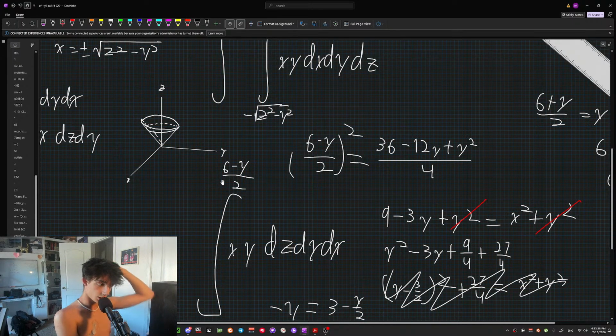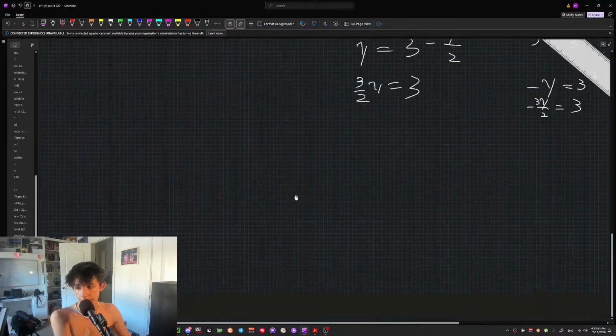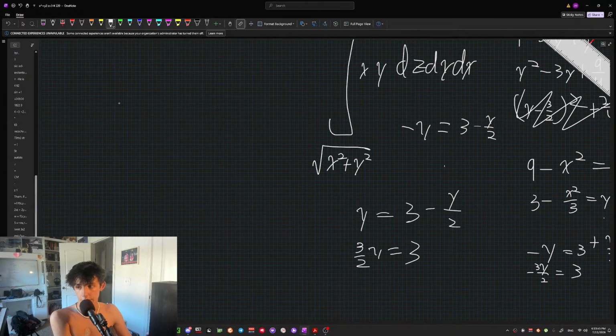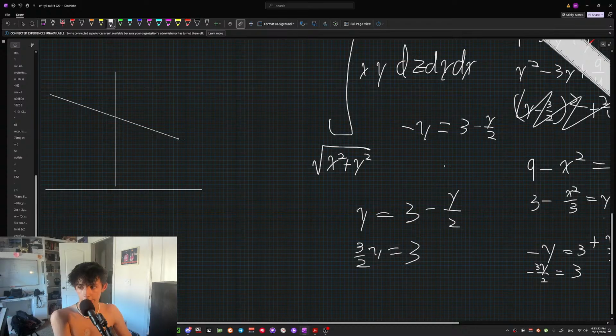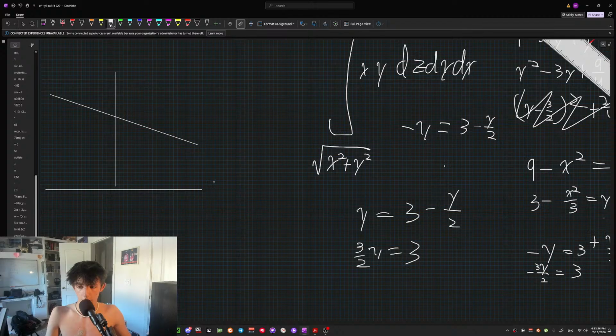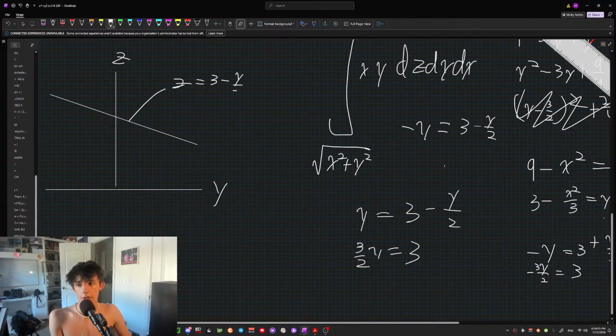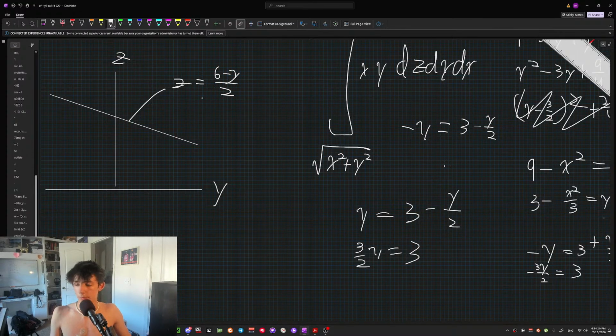Okay, so I'm doing this a different way now. So we have two equations. This is the y axis, this is the z axis. So this is z equals 3 minus y over 2. I'm just going to rewrite that as 6 minus y over 2.